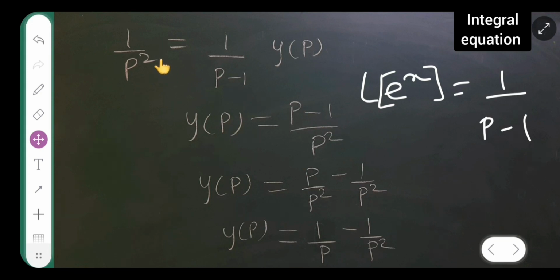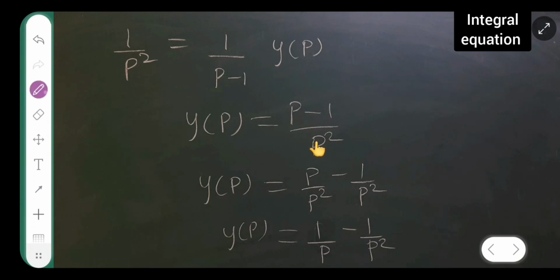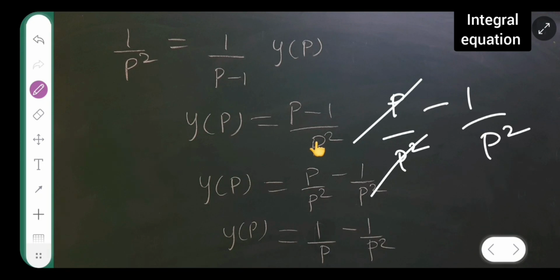Now I have taken this into this: Y(p) upon p minus 1 equals 1 upon p squared. Now Y(p) is equal to, after separating this part, p minus 1 and then p squared, this term will get cancelled.